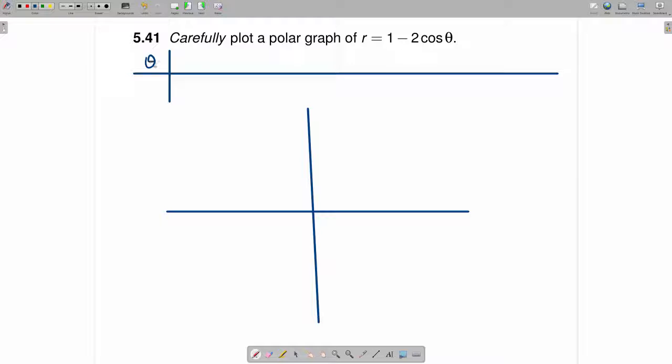The thetas will go up top here and the r's will go below. Start out with theta equals 0, the usual way this proceeds. When theta equals 0, we plug into this formula and figure out what r is. What is the cosine of 0? The cosine of 0 is equal to 1. So this is 1 minus 2 times 1, and that is negative 1.